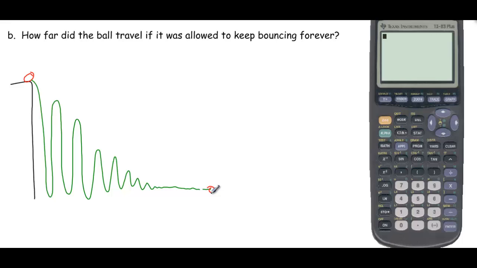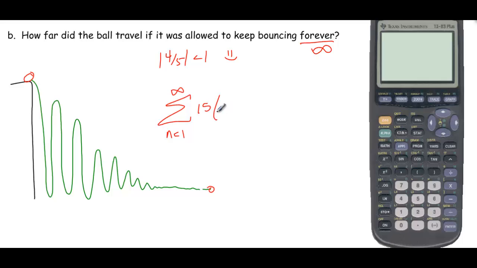Because our common ratio of 4/5 is less than 1, we can do an infinite geometric series. So what I'm really doing here, the math of it, is I want to know how far the ball will bounce if I start at the first height and go on to infinity.